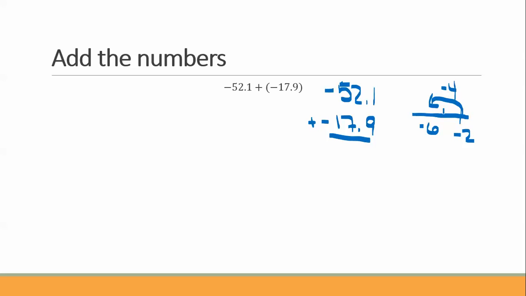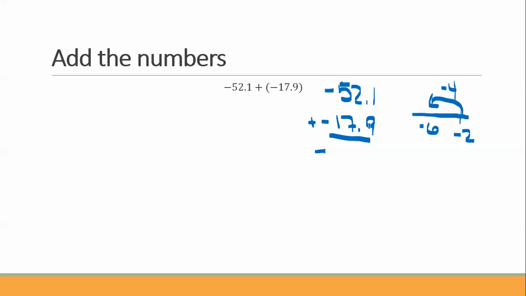So really, we kept our negative sign and we added the two integers together. We're going to do the same thing here. They're both negative, so we're going to have a negative in our final answer. And now we can just add the numbers without looking at the negative.